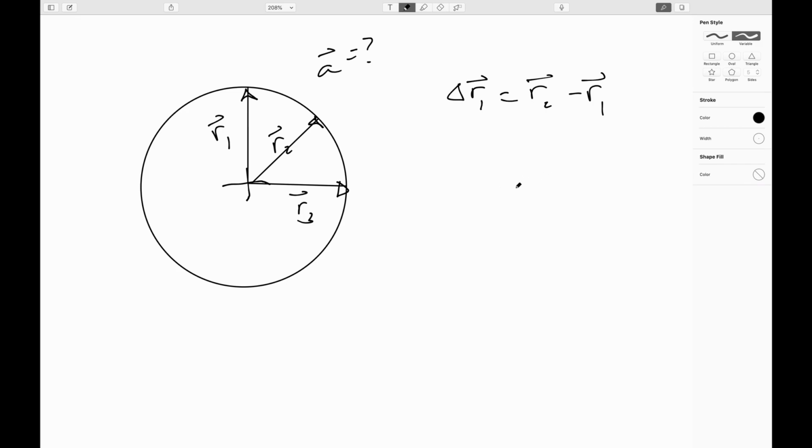All right, so we can draw in my R2 like so. Then we will add to that negative R1 to get my delta R1 like so.